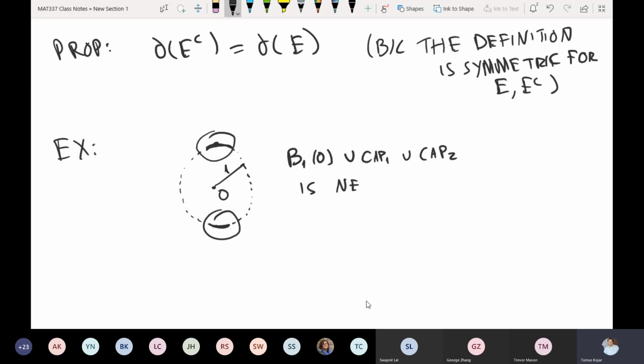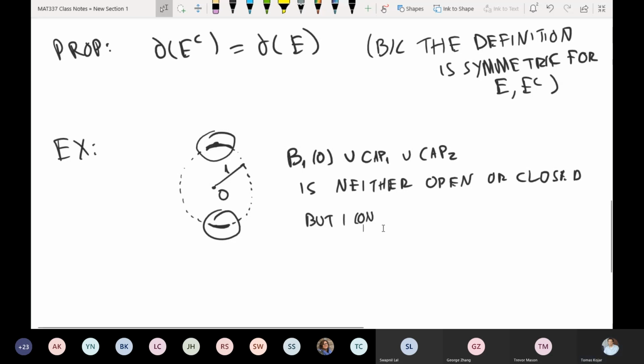It is neither open nor closed. It's not clear what you mean by sup and inf; you have to decide on some height.